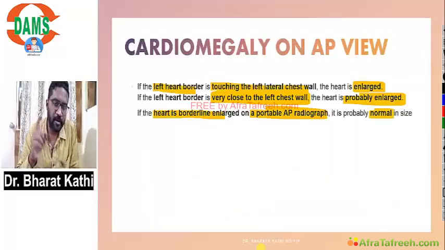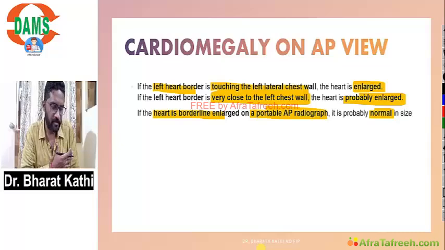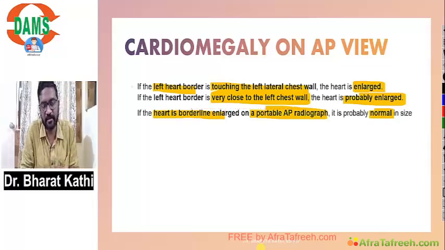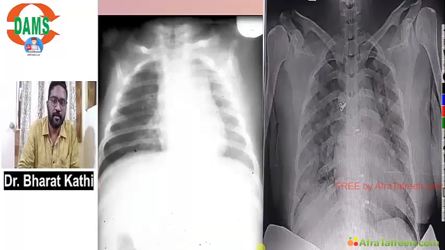Then see here, on an AP view, if the left heart border is touching the left lateral chest wall, the heart is definitely enlarged. If it is very close, it is probably enlarged. Then you can notice here, both are AP views.